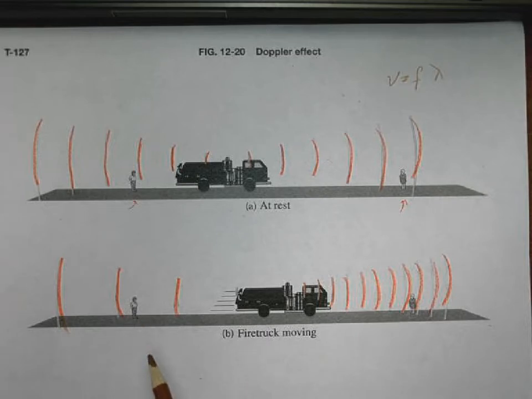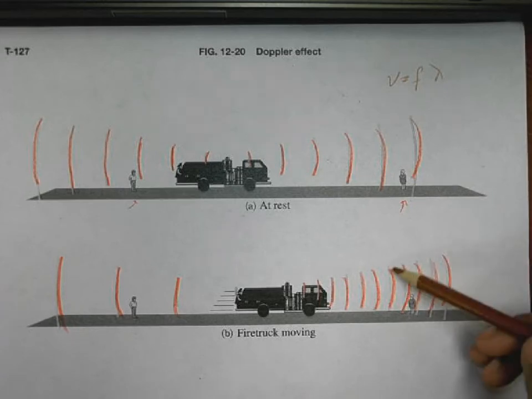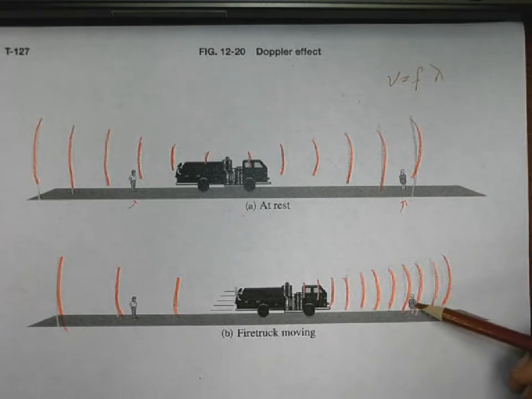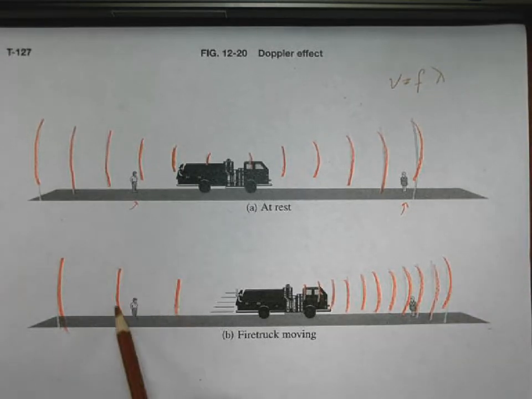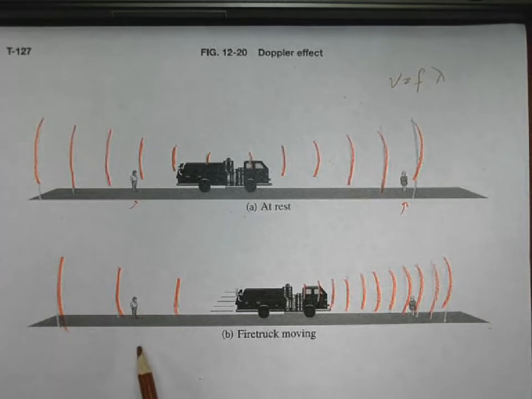The number of compressions in a second is called the frequency. So the more compressions that meet this woman in a second, the higher the frequency she hears. And this guy, the fewer compressions he hears in a second, the lower the frequency he hears.